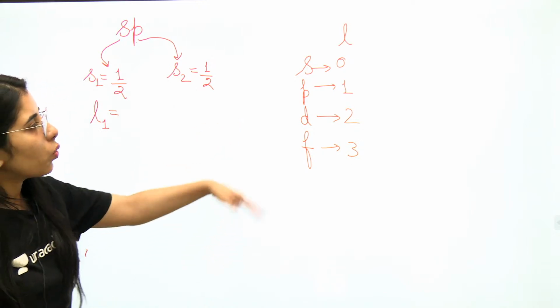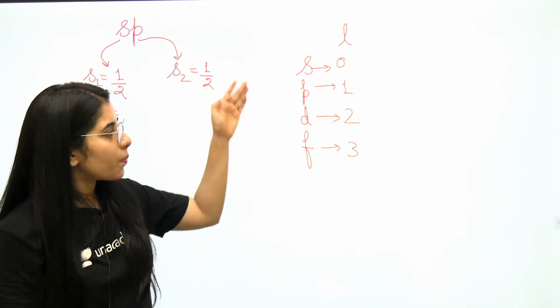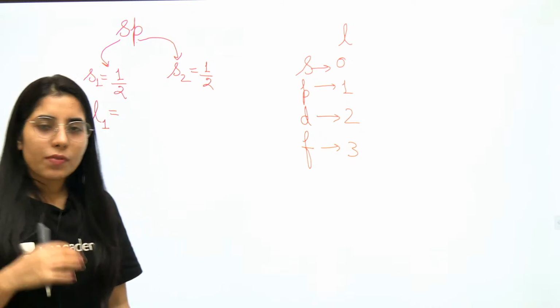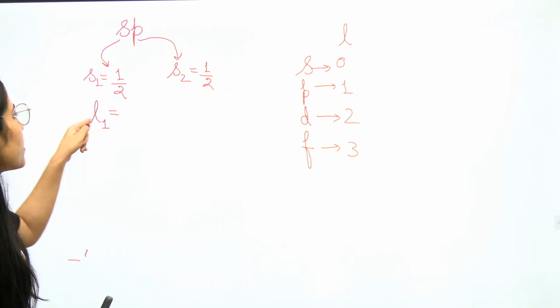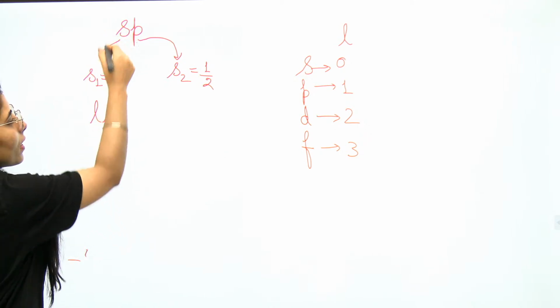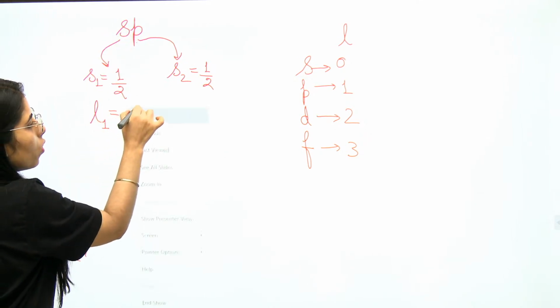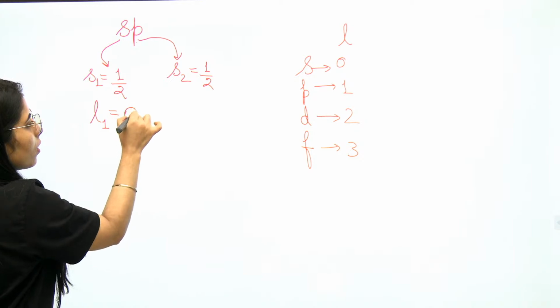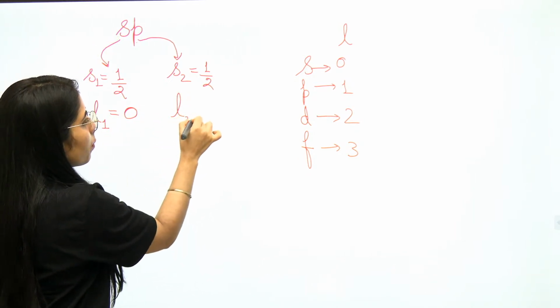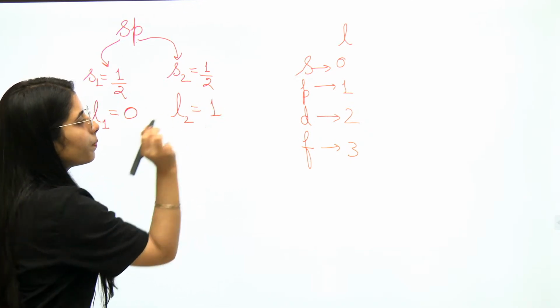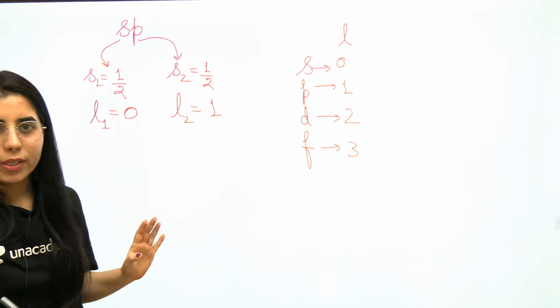Even for g you will write 4. So in sequence s, p, d, f, g, or even more if you consider. So these are the values of L. What is L1 here? For s it's going to be 0. For p, L2, it's going to be 1. Clear? So L1, L2 you have noted down.